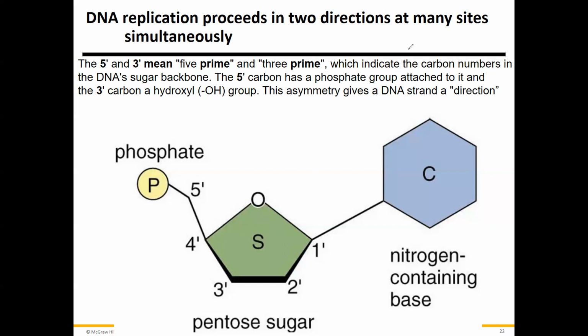And so that carbon is labeled as number 1. And because there's carbons in the nitrogen base, these guys are numbered first. The functional group is the most important thing. This is where all the action happens. So these are numbered first, 1, 2, 3, 4, 5.